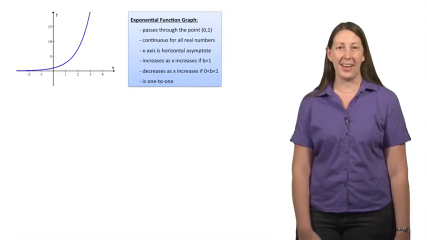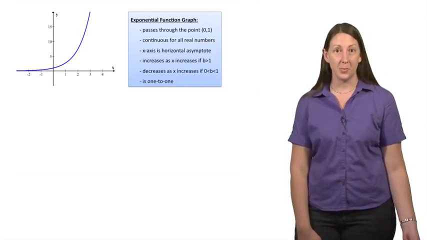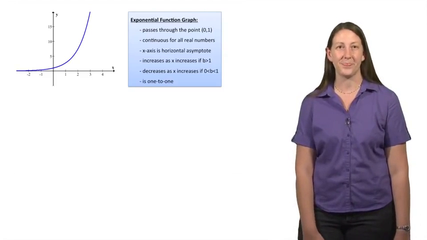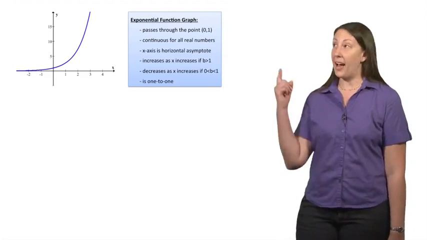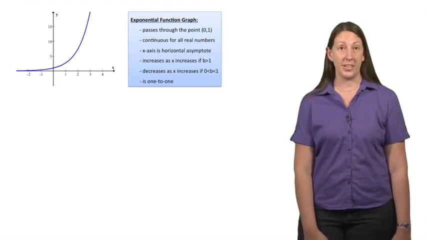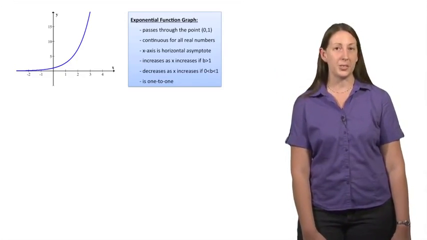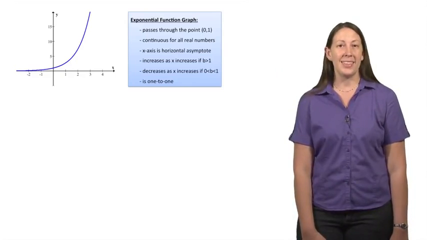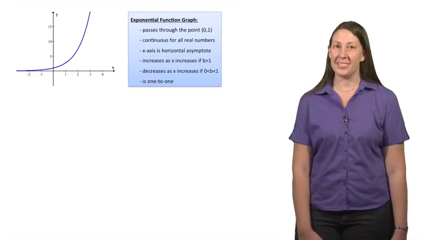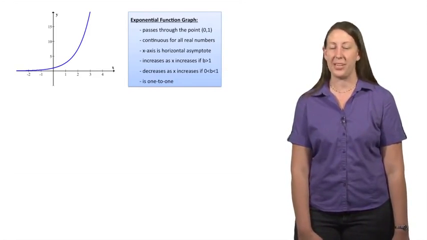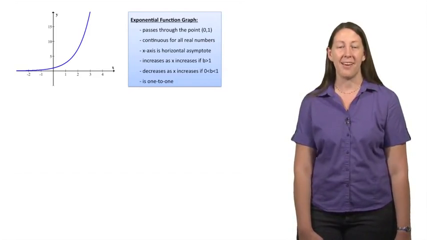That would be a base that's smaller, and it would be negative growth or a decreasing function. Notice here, I've listed some properties of the exponential function graph. One of the key properties is all exponential functions go through the special point (0, 1). This is because anything raised to the 0th power just gives you a 1, and that's why that special point is on all of our exponential functions.